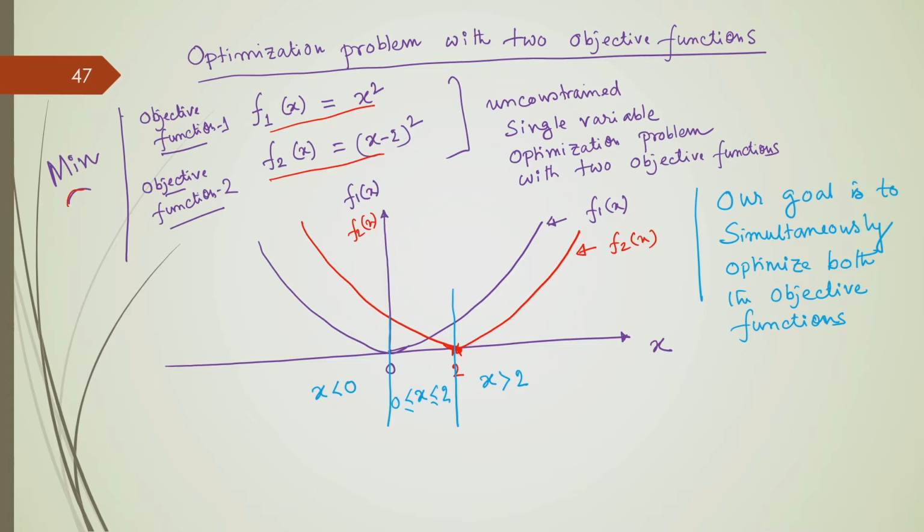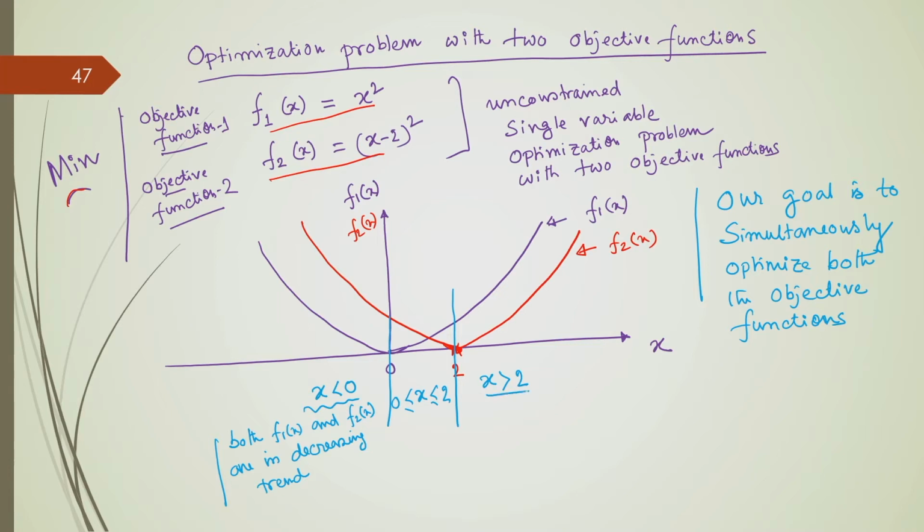Okay. Now, looking at this graph, one can understand that in this region, when x is equal to 0, both f1(x) and f2(x) are in decreasing trend if we increase the value of x. Okay. So, if x increases, both variations are in decreasing trend. Okay.